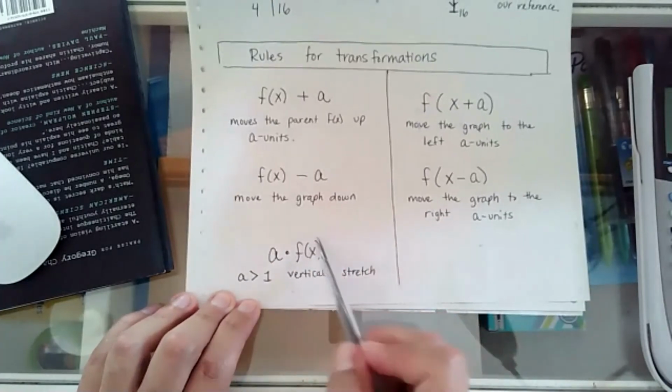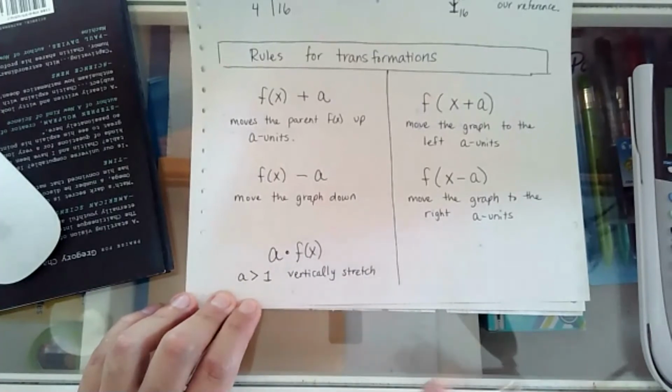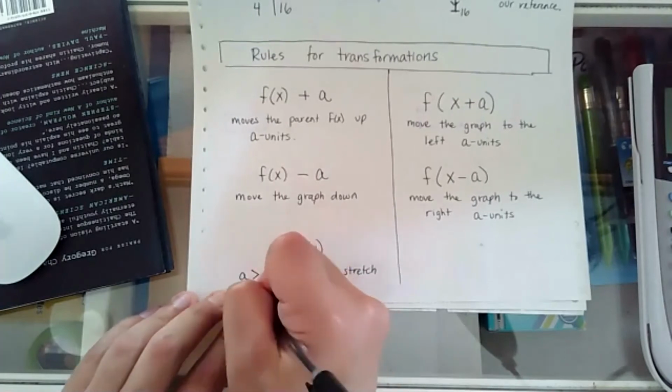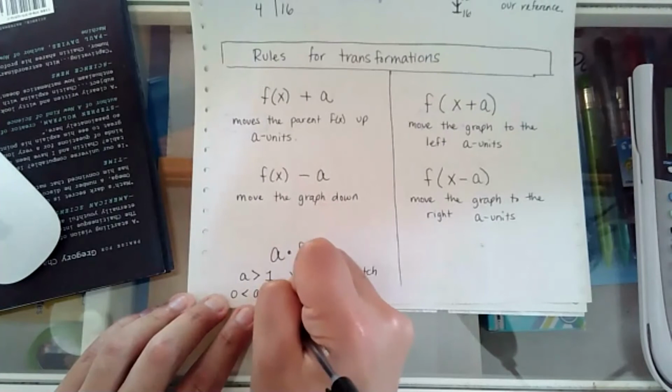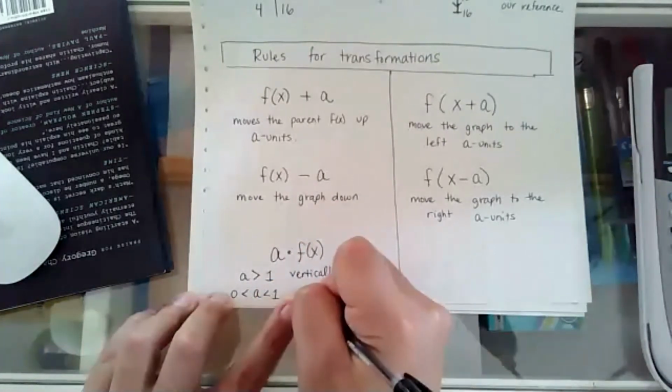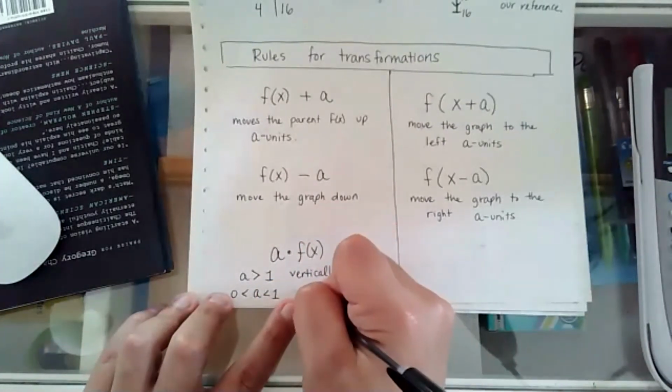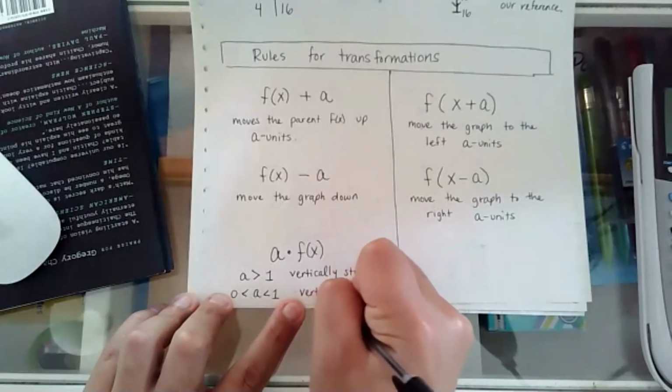That is, we're taking the y values and multiplying them by some number. But if that a value is between 0 and 1, then it's going to be vertically compressed.